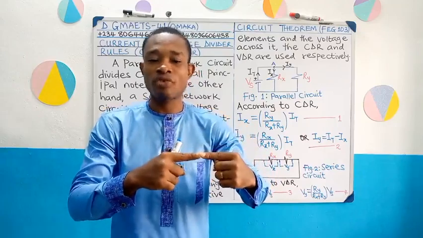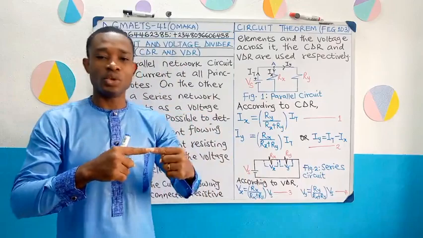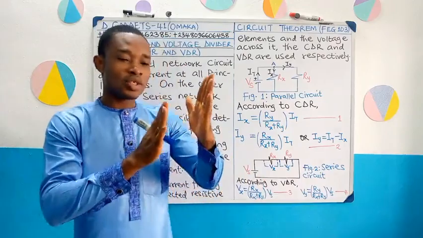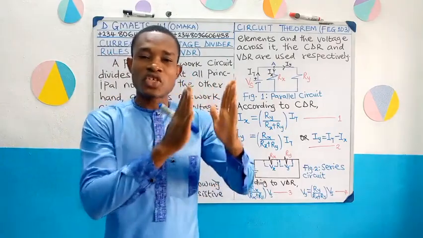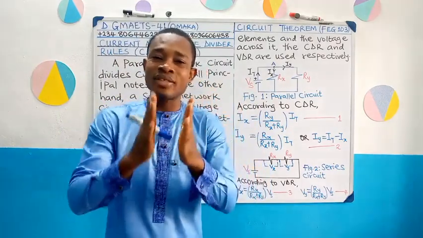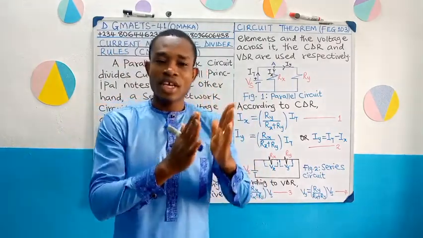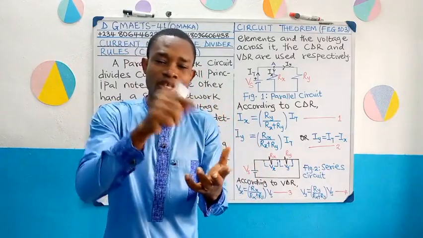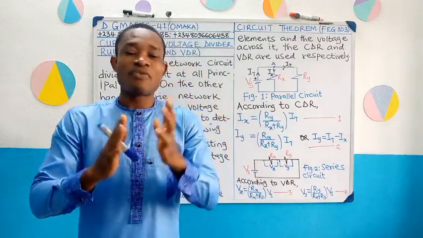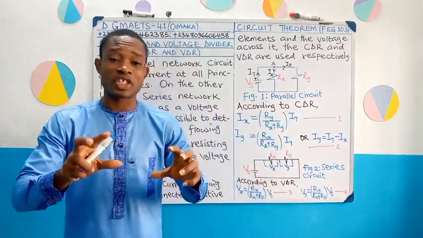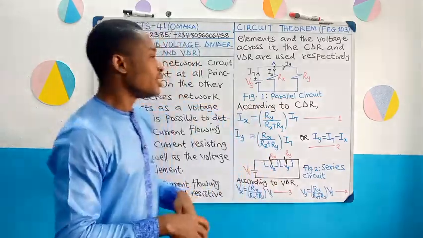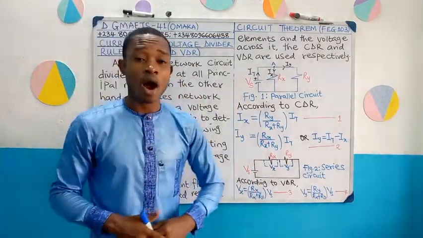And in such case, you have to apply the voltage divider rule. What about in a situation where the resistors are arranged in parallel? Such circuit acts as a current divider circuit. It divides current. I've already said that at principal nodes. So for us to solve and obtain the current that flows through a particular resistor in such case, we need to apply the current divider rule, CDR.